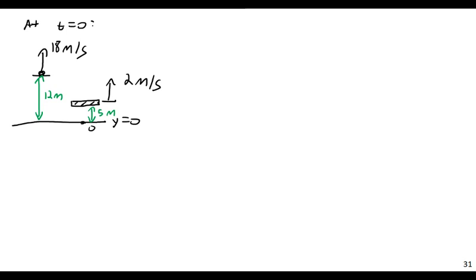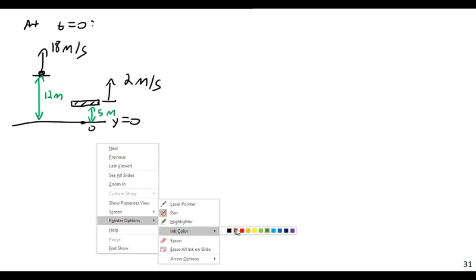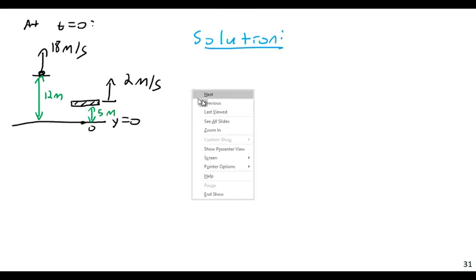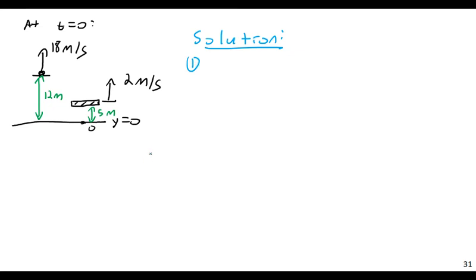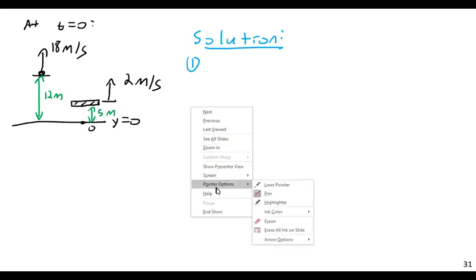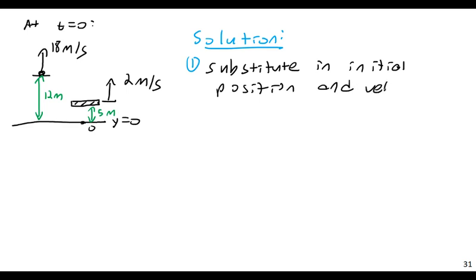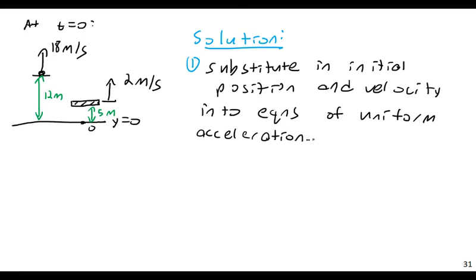Basically, I have a series of steps that I'm going to follow to arrive at the solution. Step 1: I will substitute the initial position and velocity and constant acceleration of the ball into the general equations for uniformly accelerated rectilinear motion that we derived earlier.